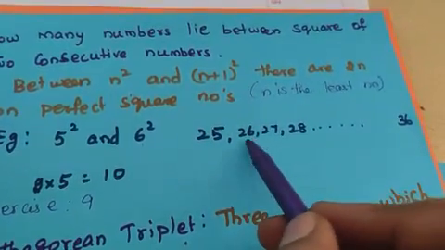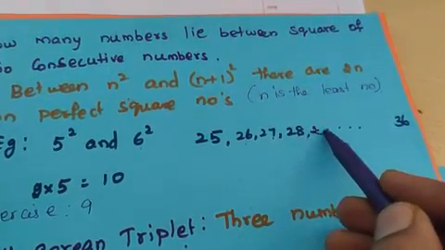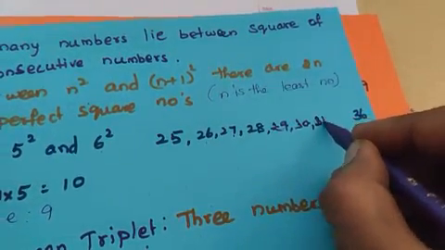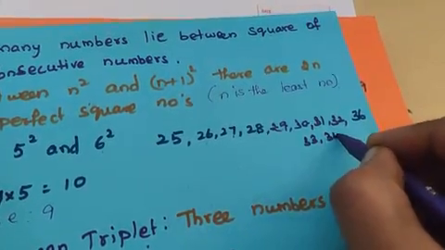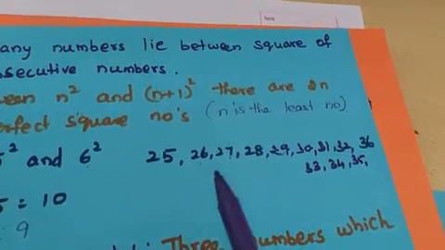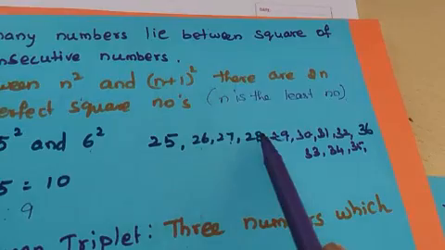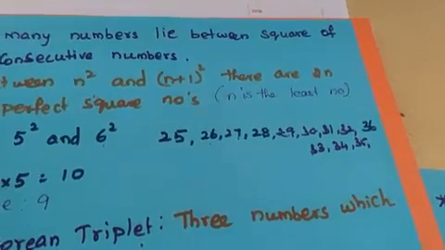After 25: 26, 27, 28, 29, 30, 31, 32, 33, 34, 35 and then 36. Right? So, how many numbers are there? 1, 2, 3, 4, 5, 6, 7, 8, 9 and 10.